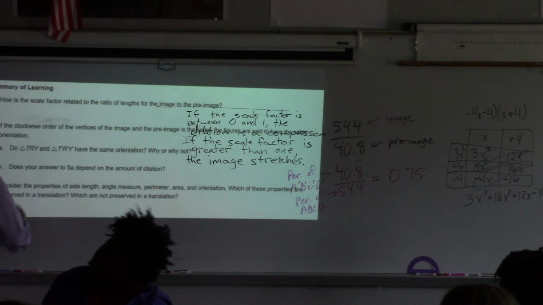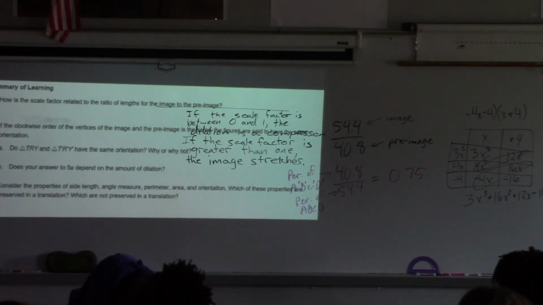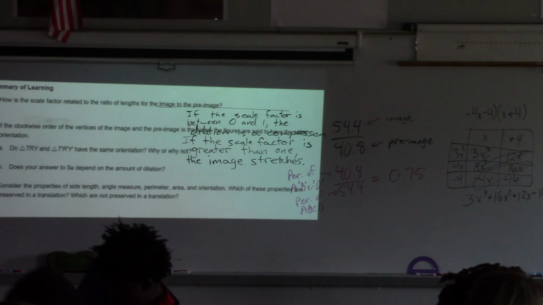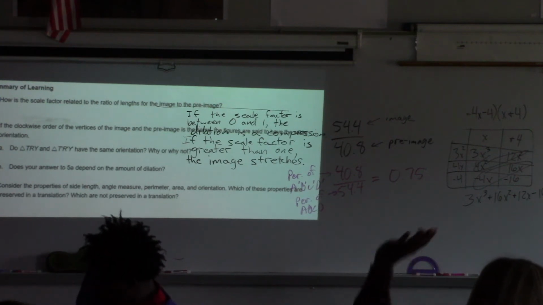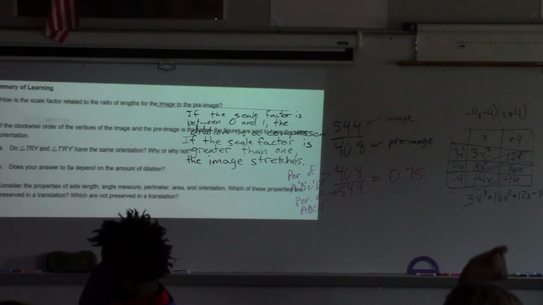Way too many of us were struggling on this number 8. If you were struggling on it, you need to make sure that you learn it and understand it. How is the scale factor related to the ratio of the length for the image to the pre-image?